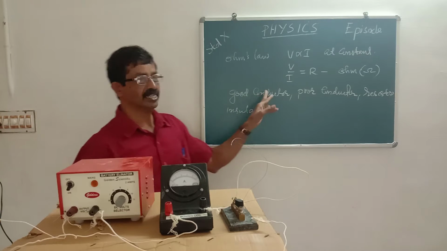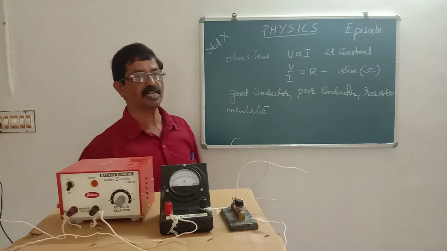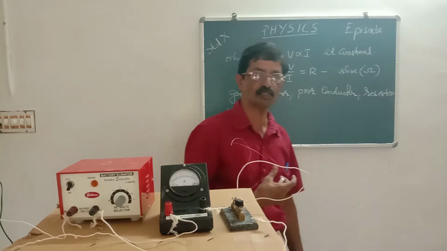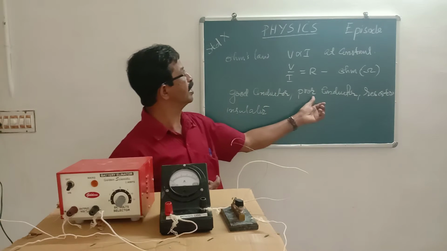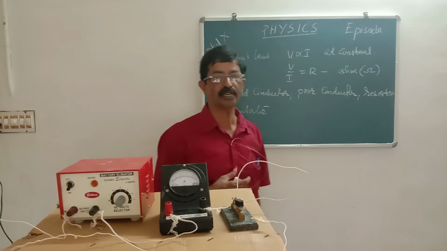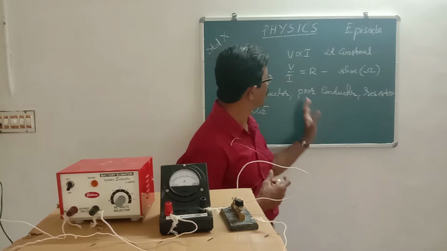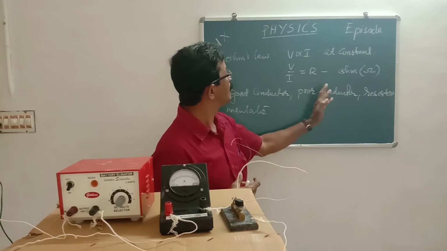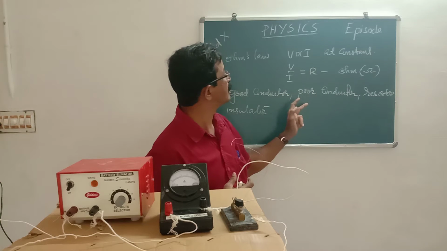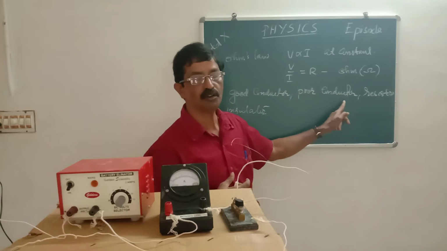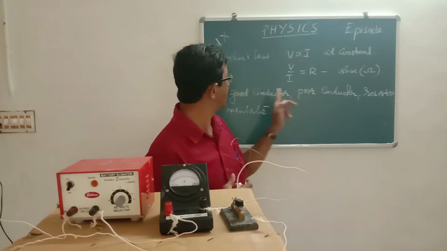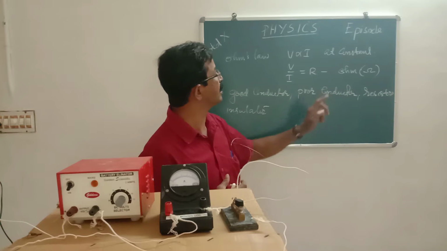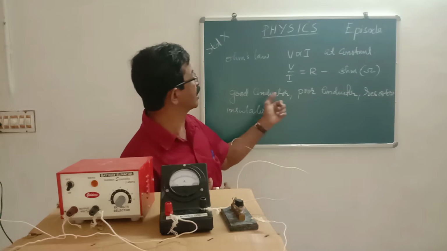Good conductors allow electric current to flow very easily through them. In a poor conductor, the current flow is opposed by the atoms present in it, so its conductivity is less than that of the good conductors.